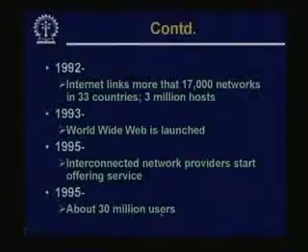So Gopher allowed you to browse the FTP sites through well-defined category and subcategory views. Gopher was a little more general. It covered the FTP sites as well as some non-FTP sites also, but I am not going into those details right now. In 1992, the internet linked more than 17,000 networks.